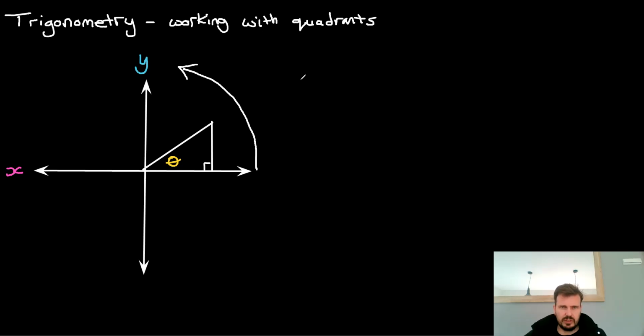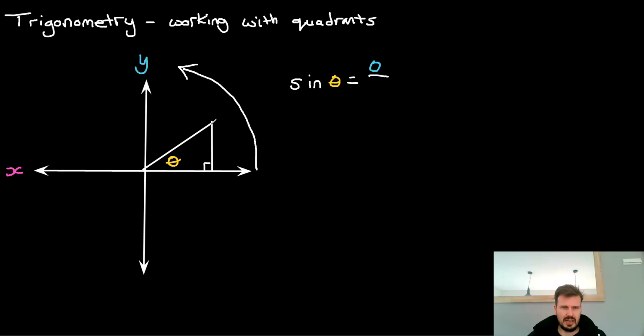And when you first learned trig, you learned that sine theta was equal to opposite over adjacent, right? Now, I've done the opposite in blue because your opposite is in blue here.